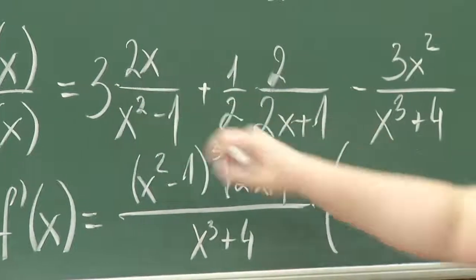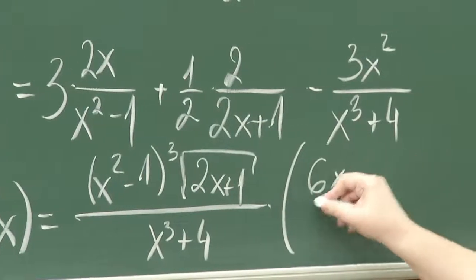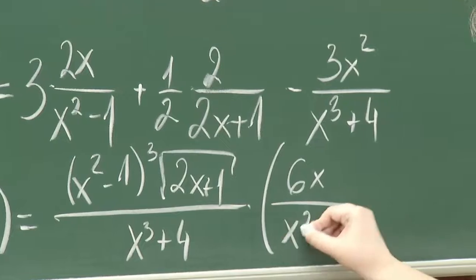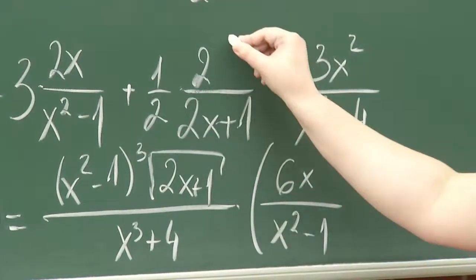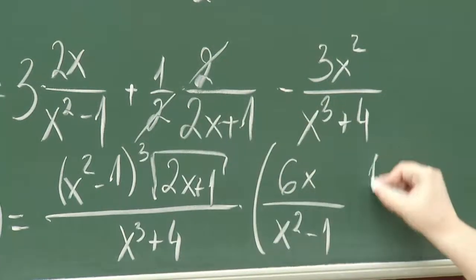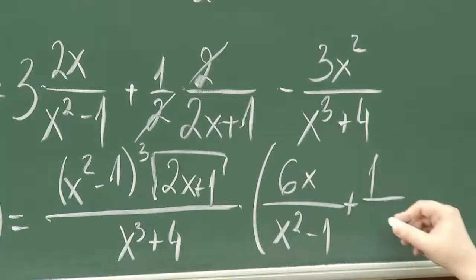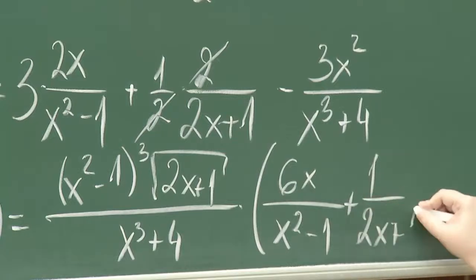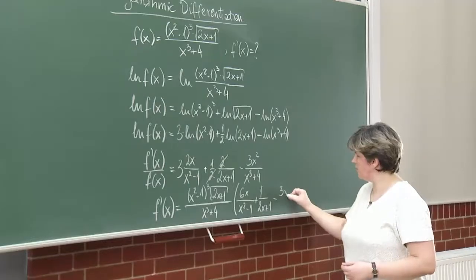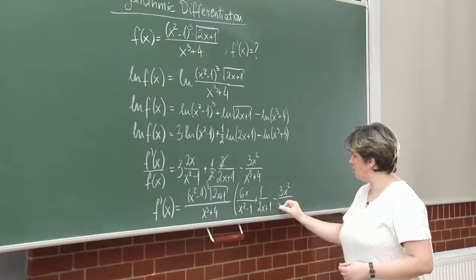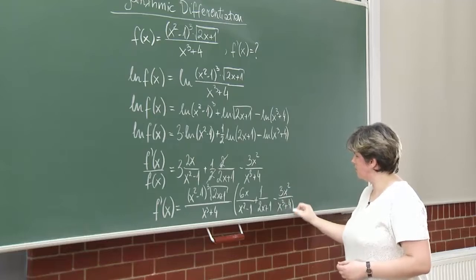Now we can simplify it a little bit more. We have 6x divided by x squared minus 1. Here the 2's will cancel. We have plus 1 divided by 2x plus 1. And finally 3x squared divided by x cubed plus 4.